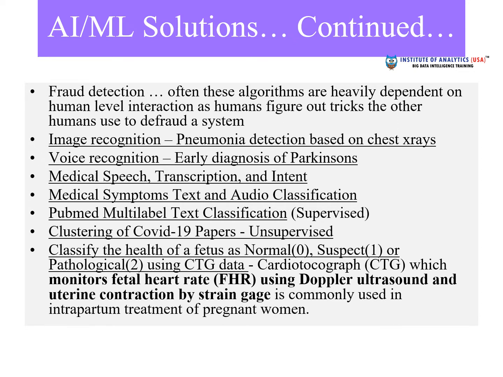And classification of, for example, the health of a fetus as normal, suspect, or pathological using cardiotocograph data, which monitors fetal heart rate using Doppler ultrasound and uterine contraction by strain gauge. And these things are not humanly interpretable easily, but are well suited for AI development work.